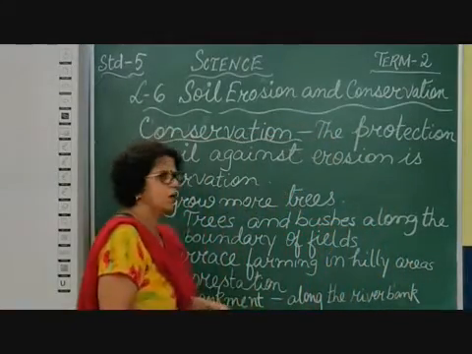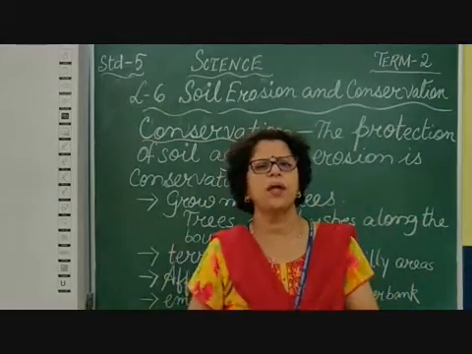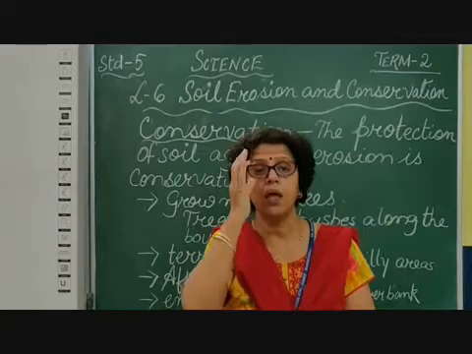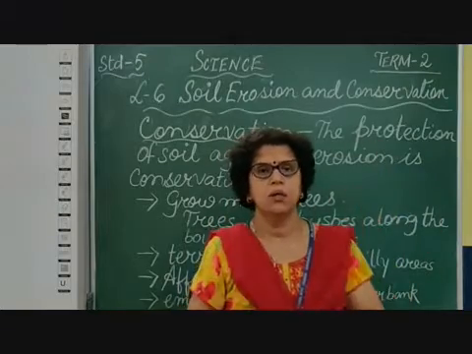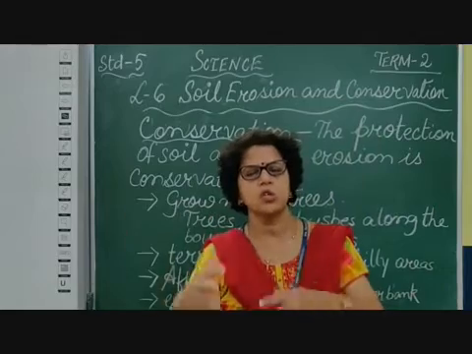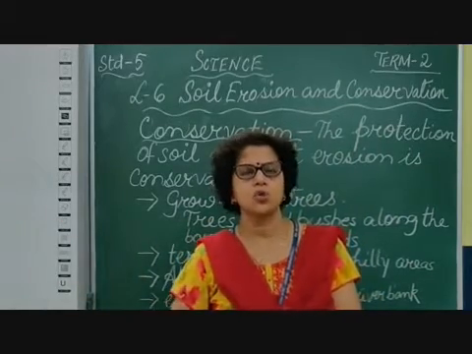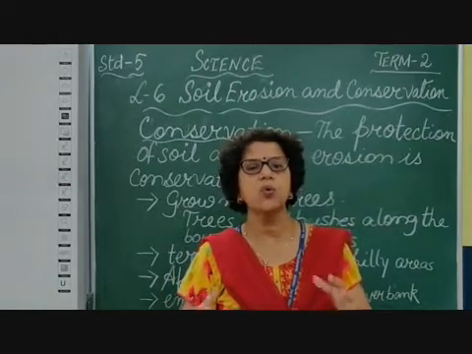Next is, I told you that in the hilly region, because it is a sloping area, when the water comes gushing down, it takes the upper layer of the soil, and the fertile soil with it, and flows down. So for protecting this, we can do terrace farming.